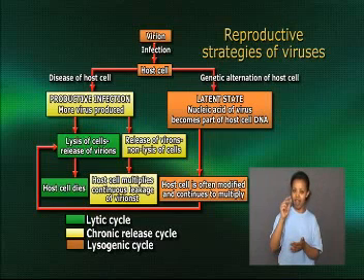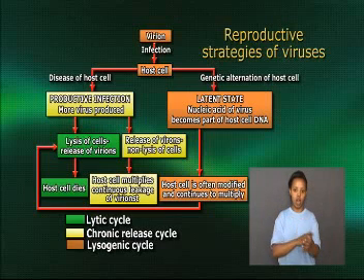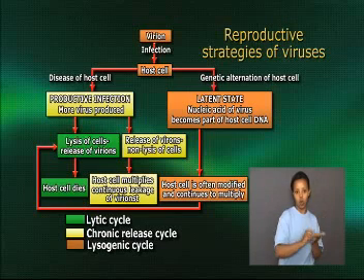A provirus is formed and replicated each time the host cell reproduces. After a while, the virus can start to assemble virus proteins. Once whole viruses are assembled, they leave the cell by lysis, or by ongoing exocytosis from the plasma membrane.